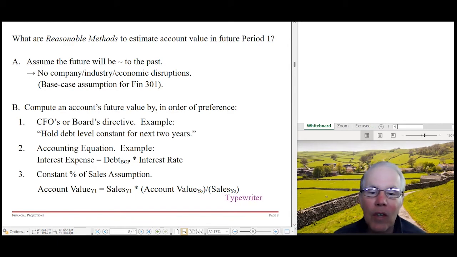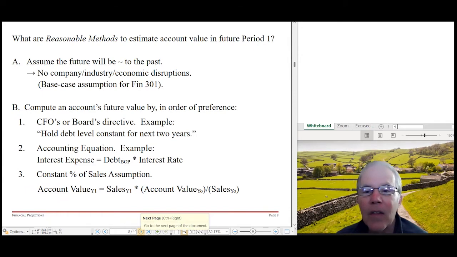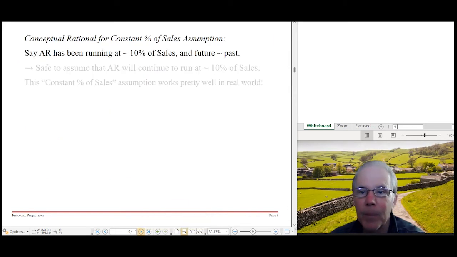So in other words, the ratio of the account value in year one to sales in year one is going to be equal to the ratio of the account value right now to sales in the trailing 12 months. So we just keep that ratio constant. And of course, by the magic of algebra, we've solved here for the account value in year one. So those are the 3 ways that we're going to project forward accounts specifically.